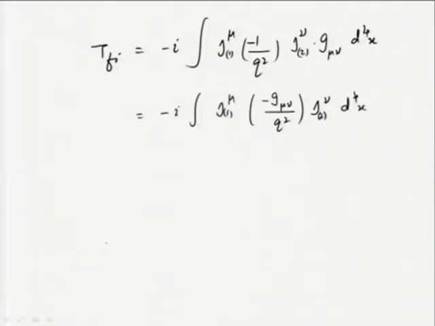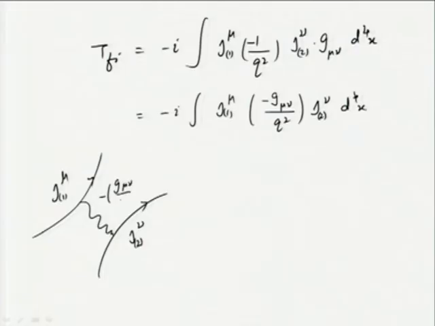Now, look at the picture again. So, we have a current j1 mu interacting with another current j2 nu through exchange of something which is represented by g mu nu over q square. So, these are two currents j1 and j2, and the other factor is basically propagation of the effect of j2 as far as j1 is concerned.